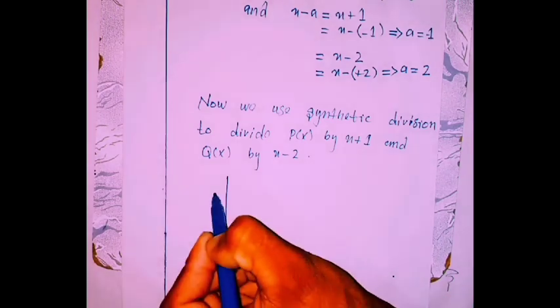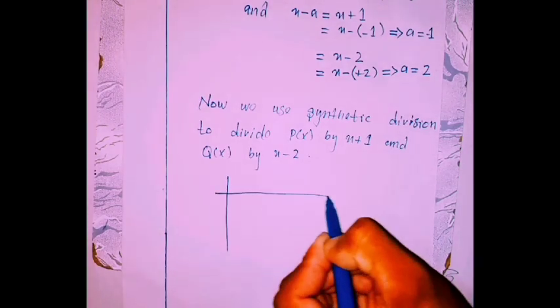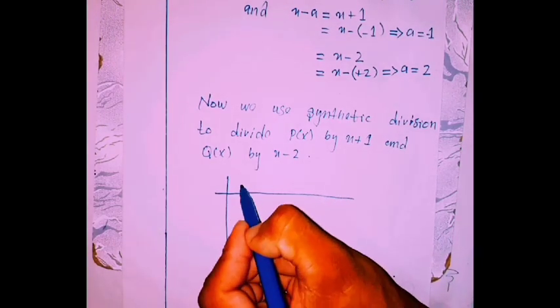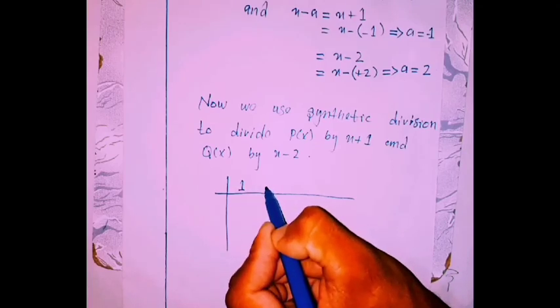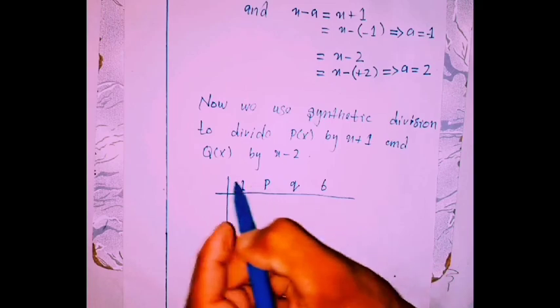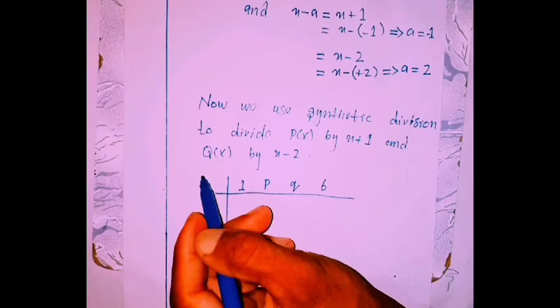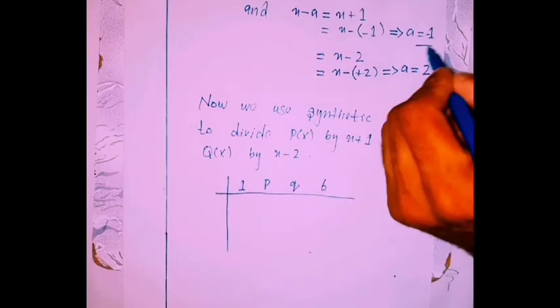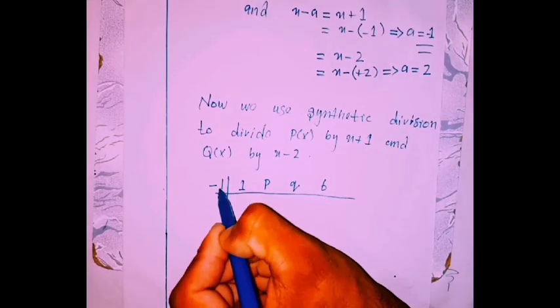So here, first we will write the coefficients of the polynomial, which are 1, p, q, and 6. 6 is a constant, so here we write a, which is minus 1.